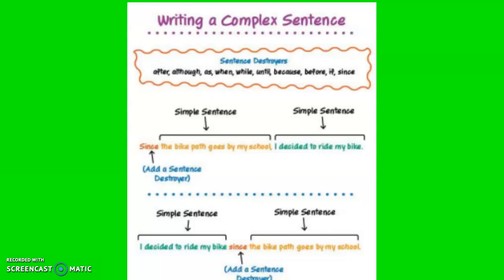It's pretty easy. You're just adding in that word at the beginning or the end of the first sentence. Don't forget your comma. And whenever you want to write a complex sentence, you might try out one or both of these strategies. Try to write a sentence in 2 different ways.